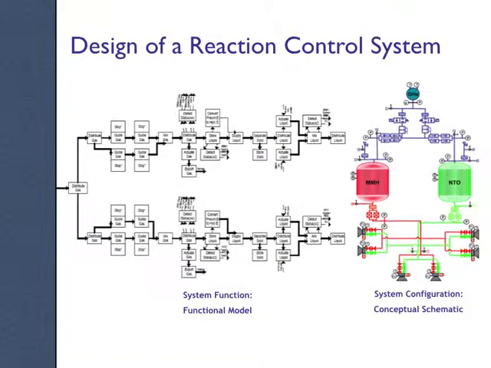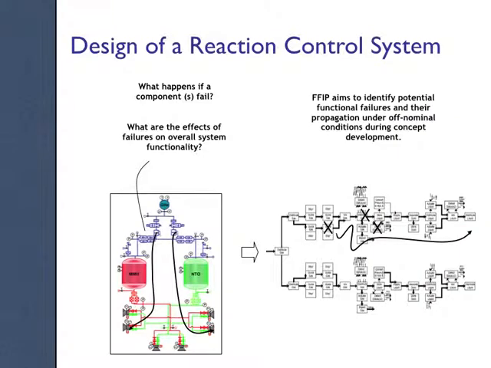I'll use another very quick motivating example here of a reaction control system. What I'm showing on the left side is the functional model, and what's on the right side is the physical implementation of that functional model. I don't want to go into detail on this because that's not the point. The point is that we would say, if a component fails, what's the lost functionality to the system? This very brief, basic example shows a couple of functions that are lost.